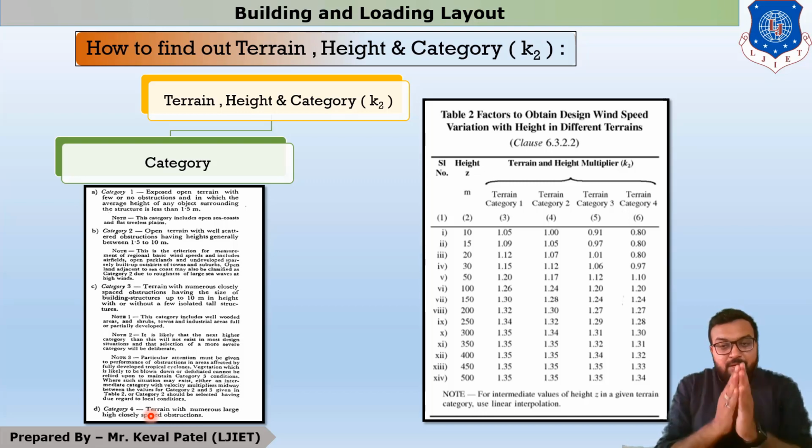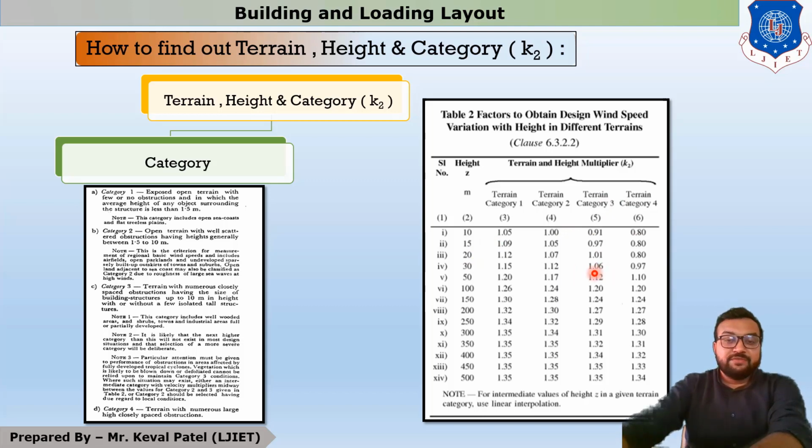Okay, now you can see that for the K2 value, if your category is given as 3, and your height of building is 30 meter, then for 30 meter and category 3, your answer is not only 1.06, because you all know that with the increase in height your wind load increases, so you can see that the coefficient increases with the increase in height.